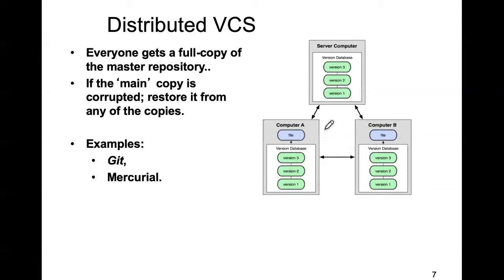And so that's nice in the sense that every team member now has their own local copy of the full repository. They still have to carry out this checkout and commit procedure. You don't make changes to files in the repository. You never do that directly.